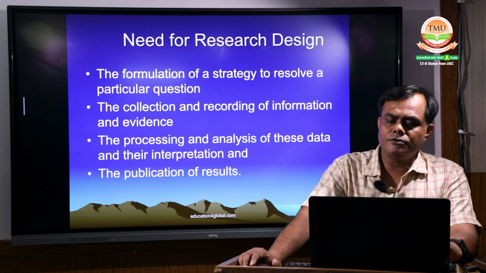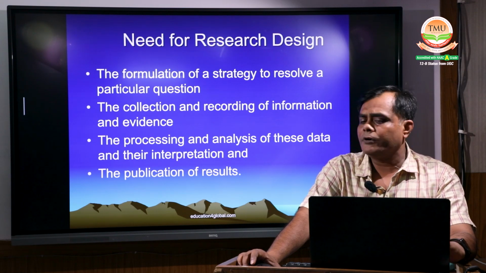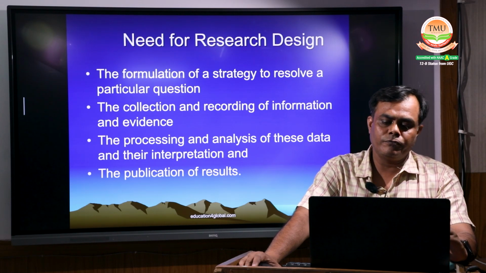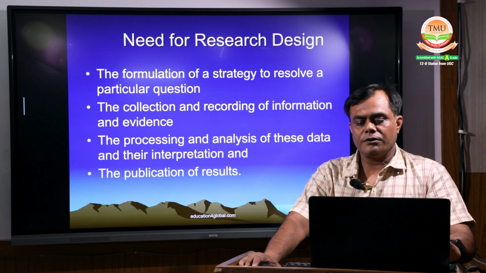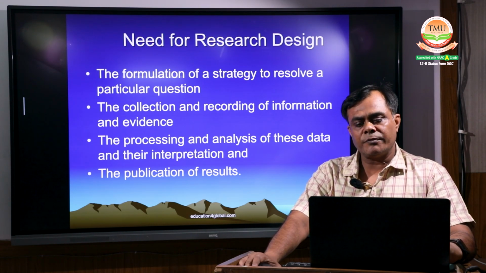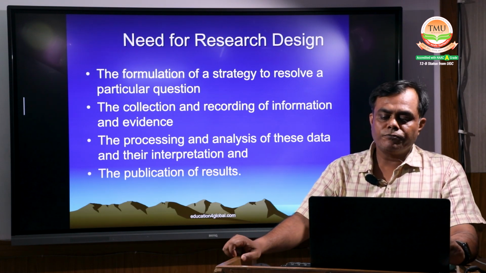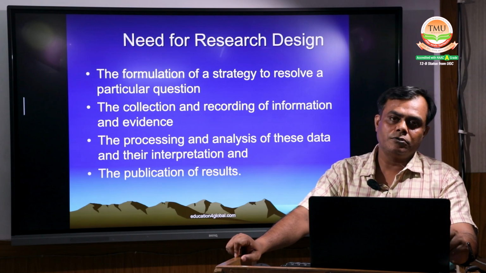Next is the need for research design. Why is there a requirement of the research design? In very simple words, research is a scientific investigation of the problem for which we need systematic planning. So whatever we are designing, a systematic planning in a very scientific manner, the first thing is the formulation of the study to resolve a particular problem.